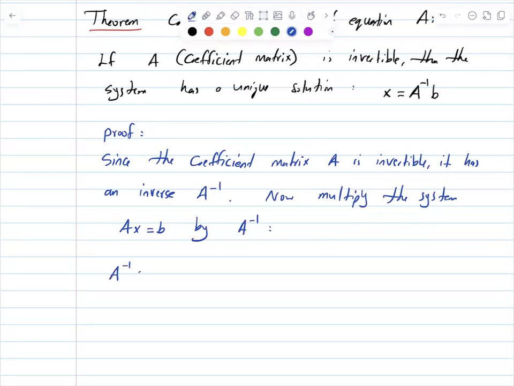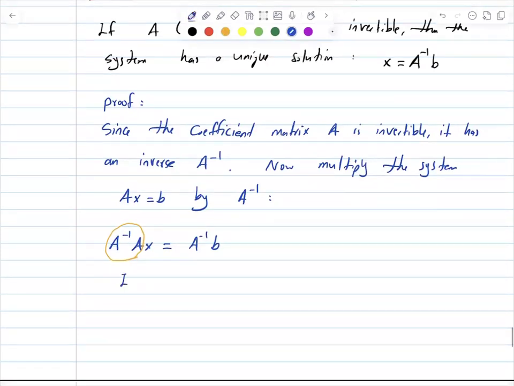You get inverse of A multiplied by AX equals inverse of A multiplied by B. On the left-hand side, the inverse of A multiplied by A is nothing but the identity matrix. So you get identity matrix times X equals inverse of A multiplied by B. But IX is equal to X. So X is inverse of A multiplied by B.